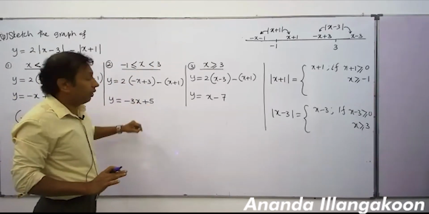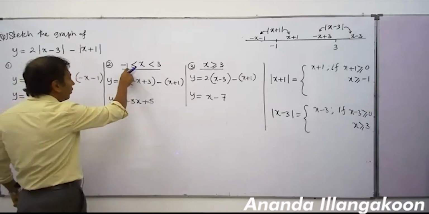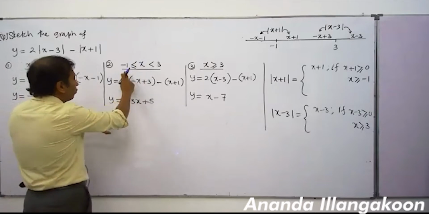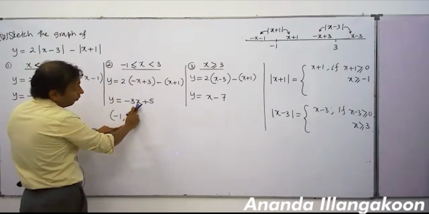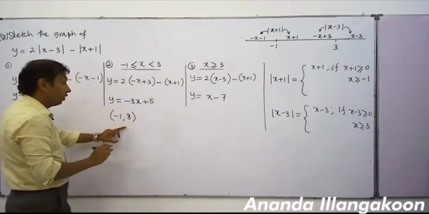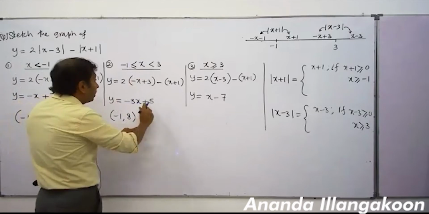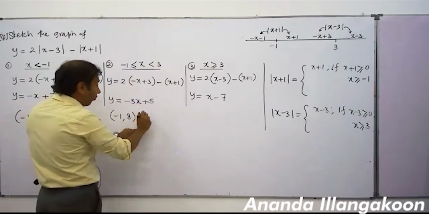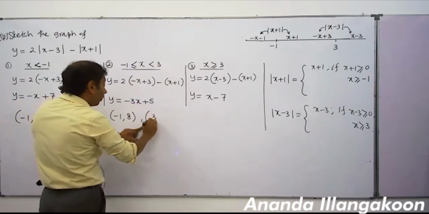Okay. Then we have to put x equals minus 1. Minus 1, x is minus 1, then put that here. What is y? Minus 3, minus 1 is plus 3, plus 5, it is 8. One point is minus 1, 8. The other point, people, put here this 3. X is 3, no?